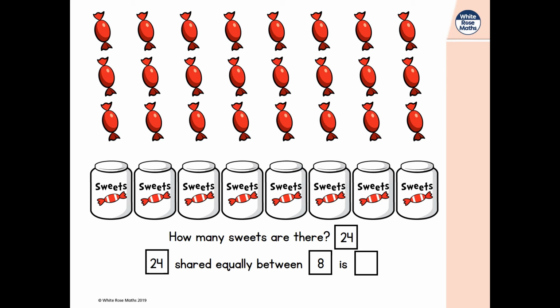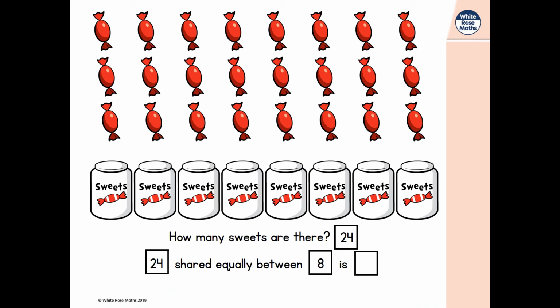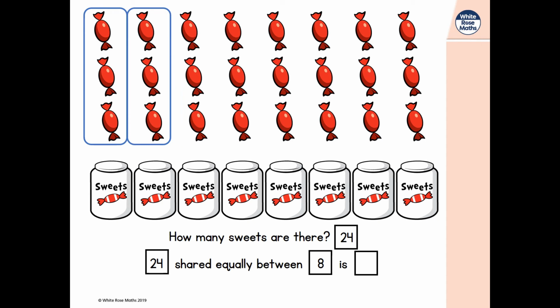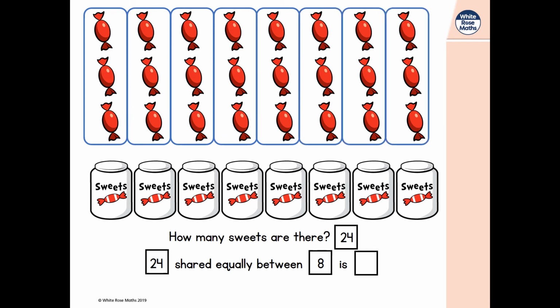Okay, so if we did them one at a time, what would that look like? How could we share them equally? Oh, maybe there's a faster way. We could look at columns this time. I think that if I put 3 sweets in the first jar, 3 sweets in the next jar, each of those columns might match up nicely with the sweet jars.